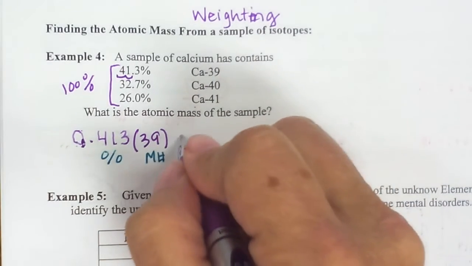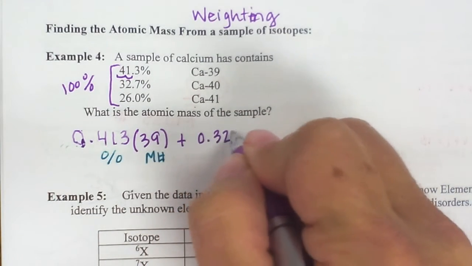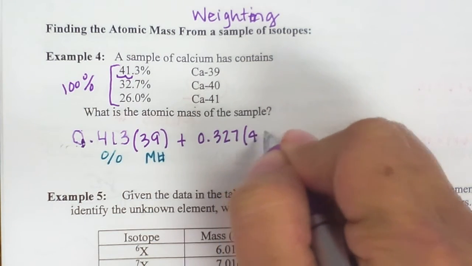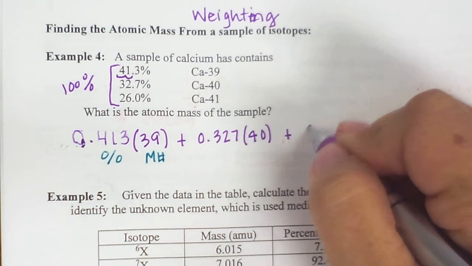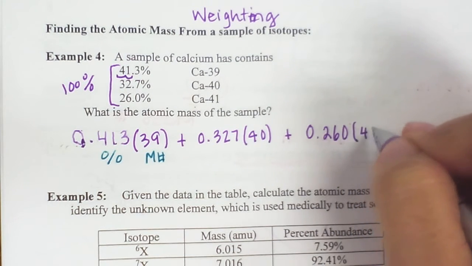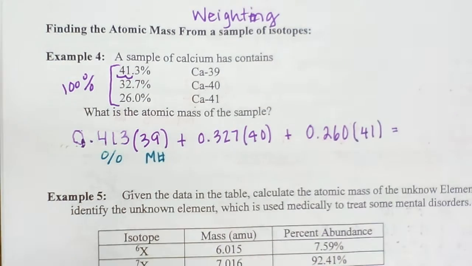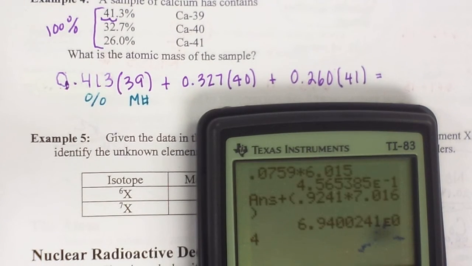I'm going to add this to 0.327 times 40, plus my last one, 0.260 times 41, equals. So now I'm going to do all of this on my calculator in one calculation.